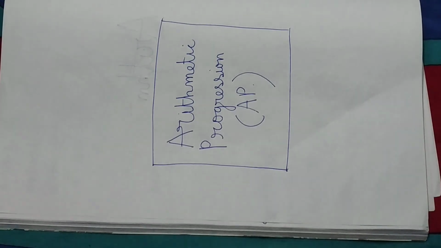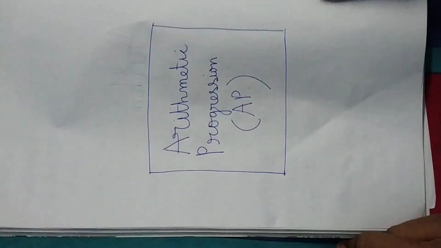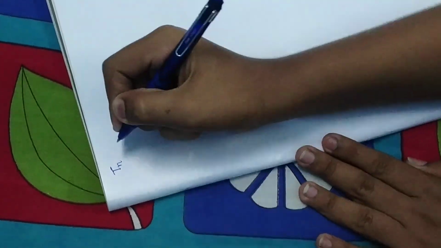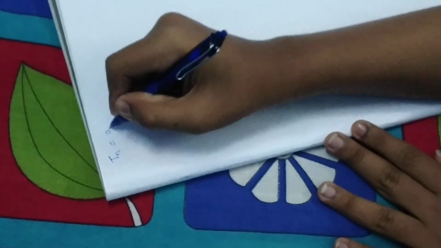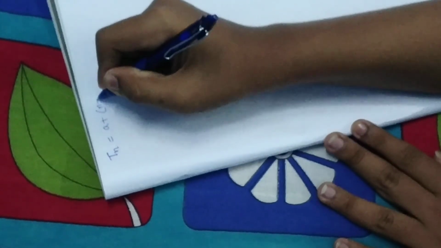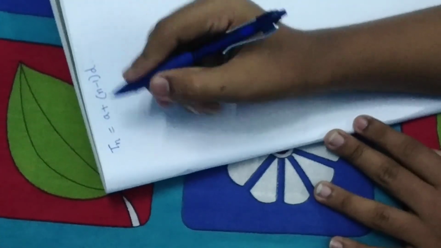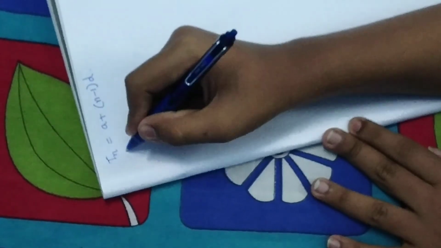There are two or three formulae which you need to remember, which is the nth term of an AP, that is Tn. Tn is equal to A plus (n minus 1) into D. If you need the proof, comment the formula and I will give you the proof.